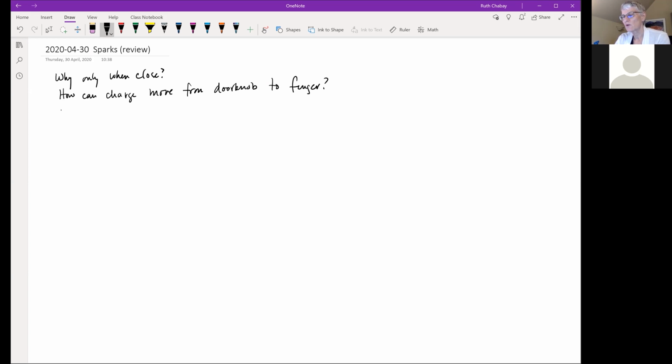Why is a spark short? Why is there light produced? Why do you hear a sound? And we may generate some more questions as we're thinking about this.